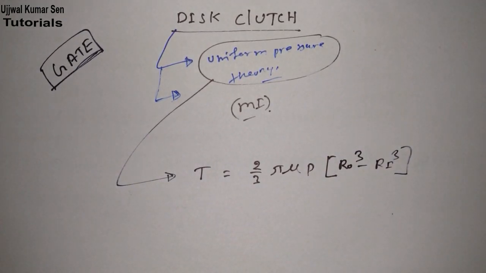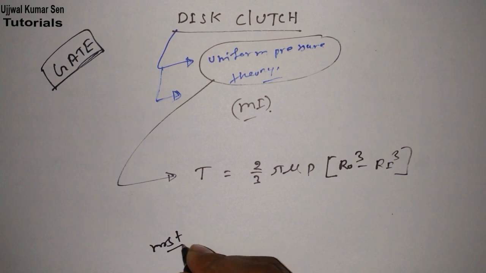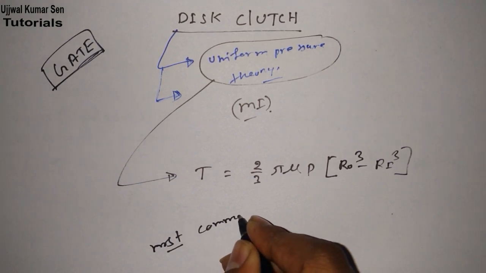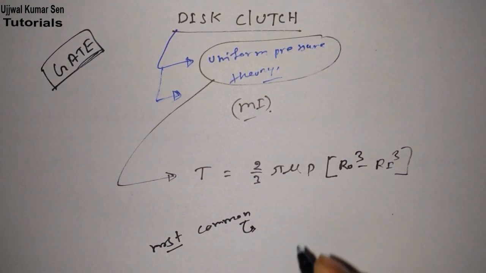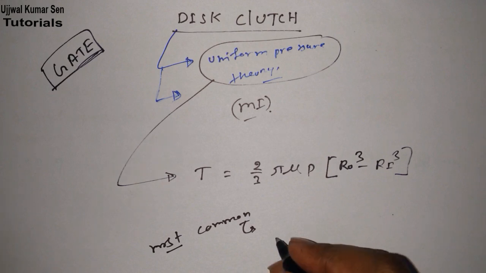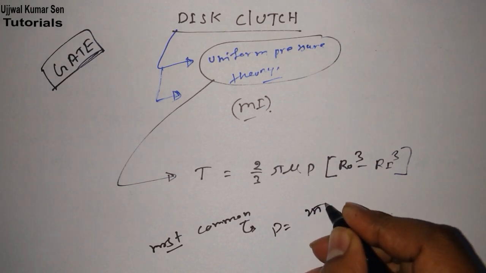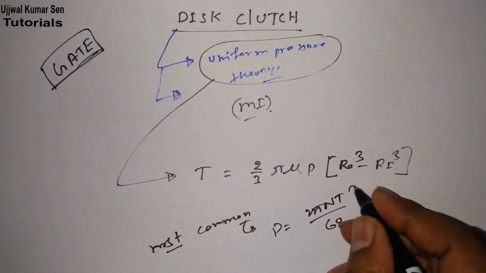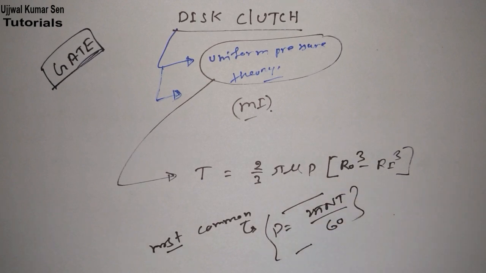Another very common formula, used in a problem asked in GATE previous year, is power equals 2 pi N T by 60. You have probably used this formula somewhere, because it is very important, right? So this is about it.